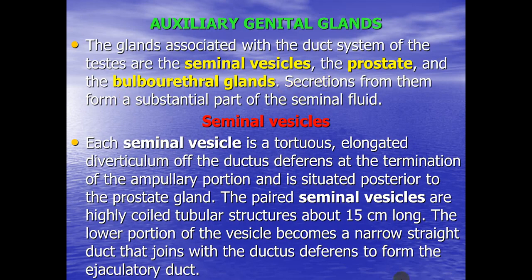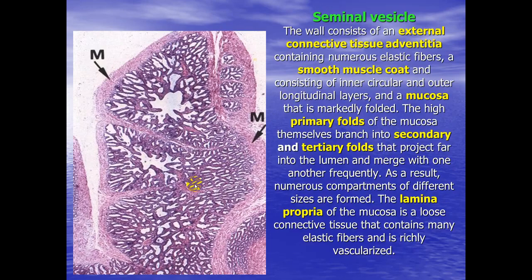These are paired glands. Paired seminal vesicles are highly coiled tubular structures about 15 centimeters long. The lower portion of the vesicle becomes a narrow, straight duct that joins with the ductus deferens to form the ejaculatory duct.